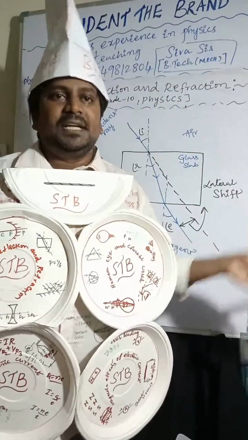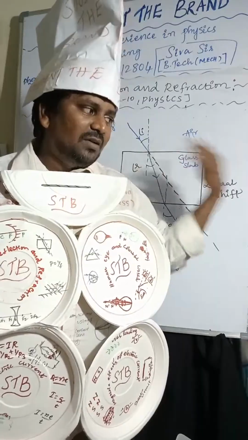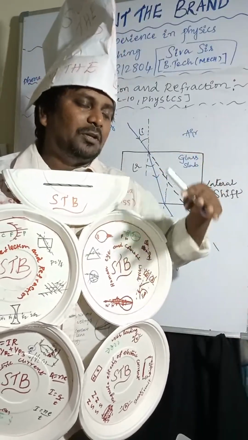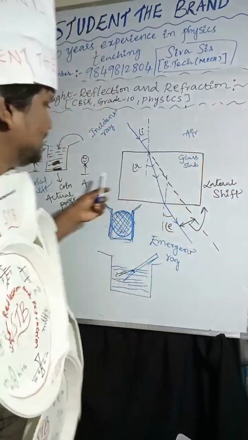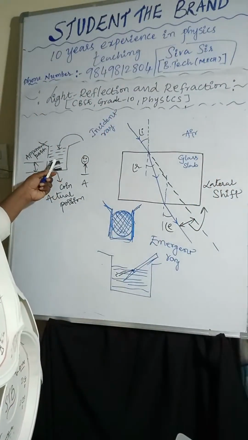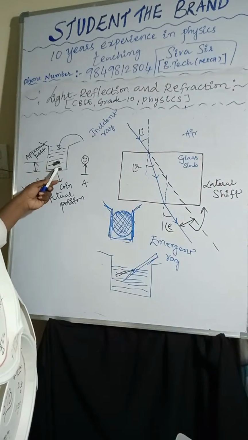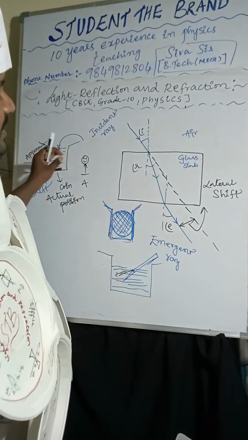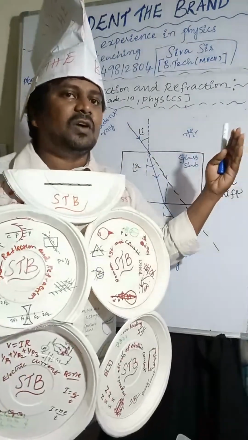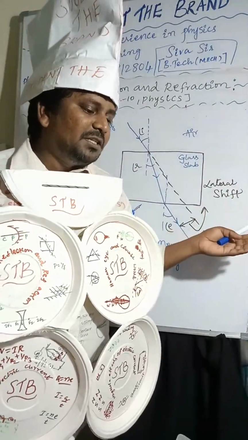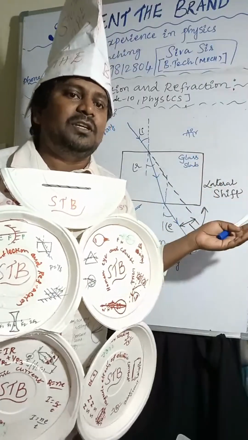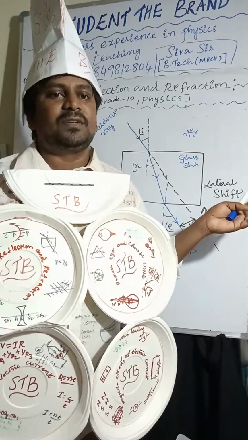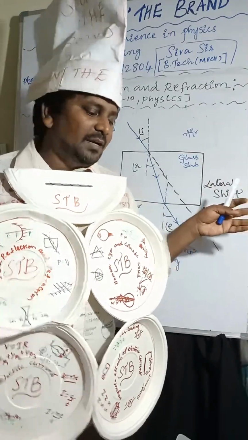Here, this is the apparent position and this is the actual position. This vertical distance is called vertical shift. I hope it is very clear to you. Next one.